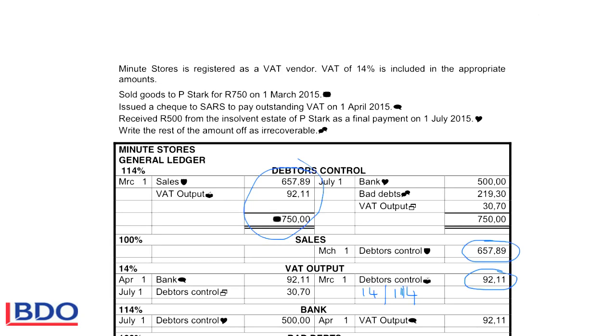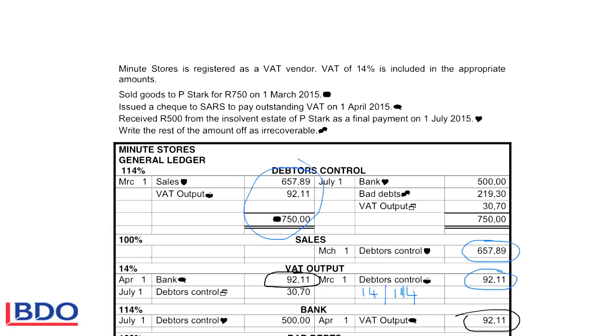So if you look at the next entry, you see in the bank that 92 Rand 11 cents is paid, and now we don't owe the money to SARS anymore. Okay, the next entry there is receive 500 Rand from the insolvent estate of P Stock as a final payment on the 1st of July.